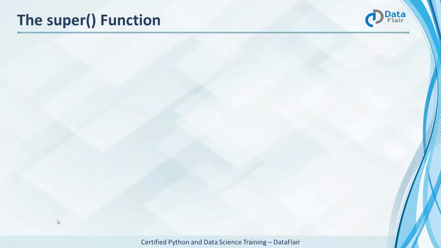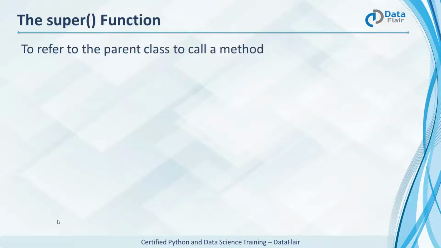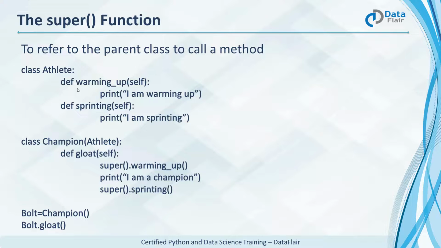In one of these examples, we used the super keyword to make a call to the parent class's init method. What is it? Well, the super function lets us refer to the parent class to call a method. If a class has a method that's also present in the parent class, calling it with super lets us access the version in the parent. The athlete warms up and sprints.